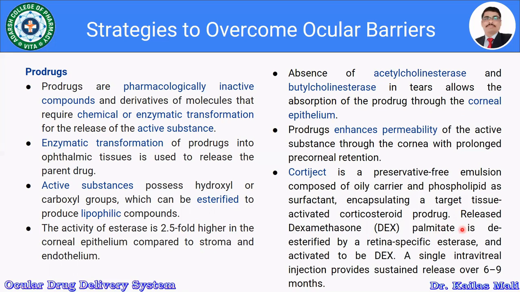This is the prodrug, which is de-esterified by the retina-specific esterase and activated to dexamethasone. A single intravitreal injection provides sustained release over 6 to 9 months. So this is about the prodrug approach to improve the permeability through the cornea as well as to target the posterior segment of the eye.